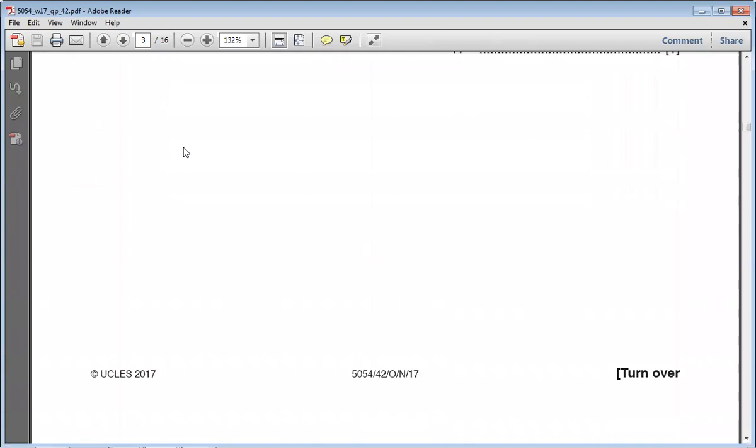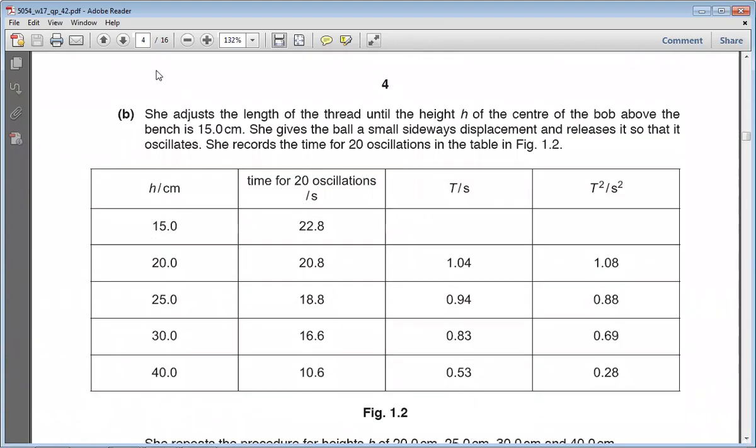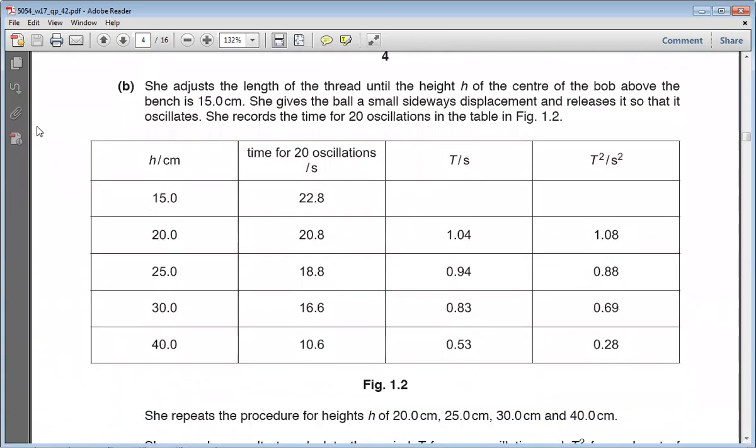Okay, so the next part is coming up on your screen. She adjusts the length of the thread until the height h of the center of the bob above the bench is 15 centimeter. She gives the bob a small sideways displacement and releases it so that it oscillates. She records the time for 20 oscillations in the table, figure 1.2.